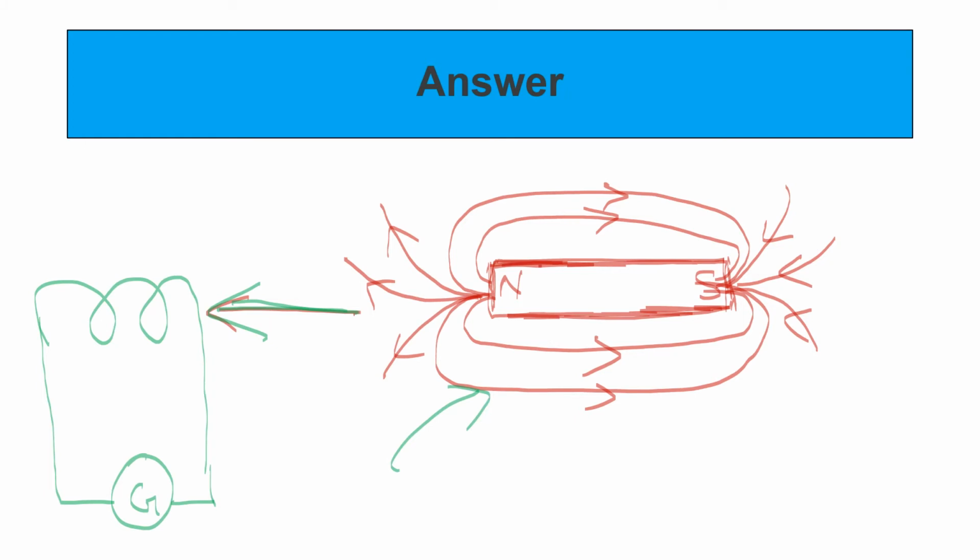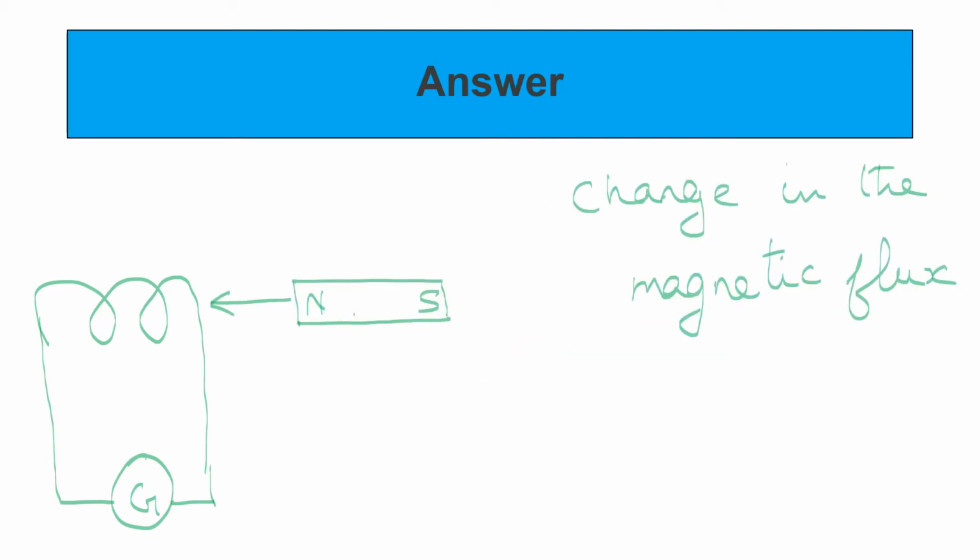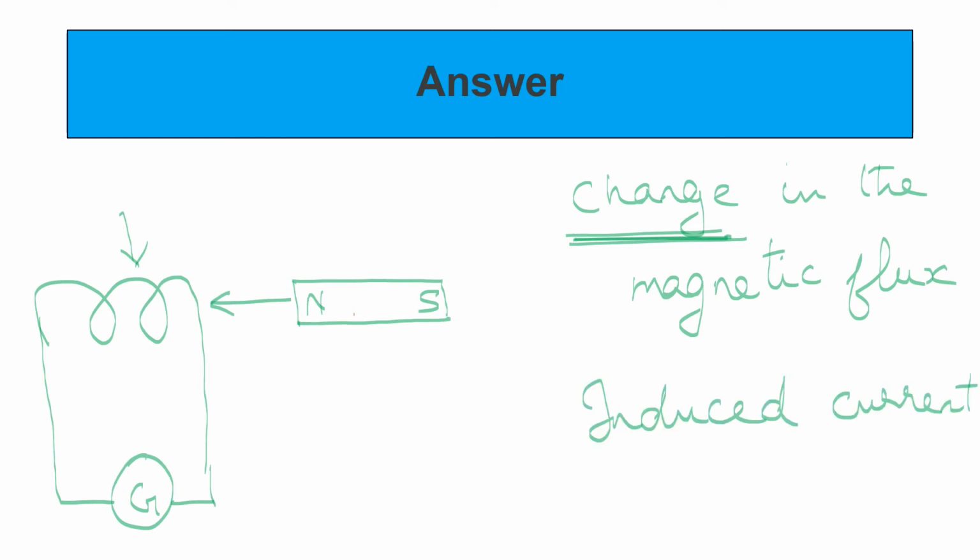These magnetic field lines will enter the coil, and when this magnet is moving rapidly inside the coil, there is a change in the magnetic flux. We know according to Faraday's law, whenever there is a change in the magnetic flux linked with this coil, an EMF is produced and an induced current is set up. And this induced current which is set up in the coil can be measured using this galvanometer.